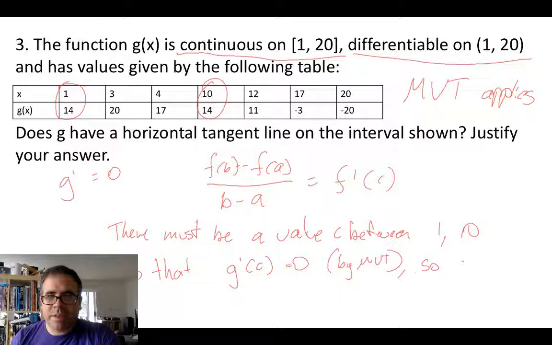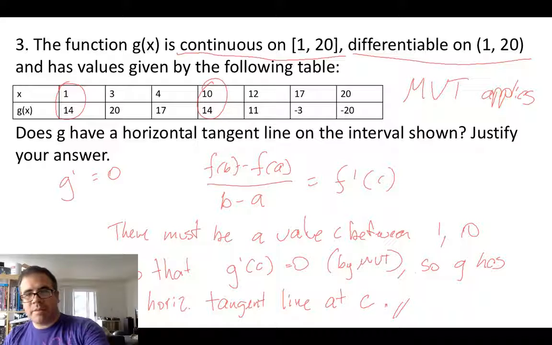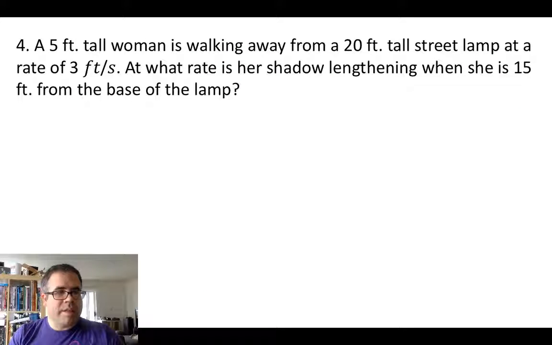So g has a horizontal tangent line at c. Done. That's all you really have to say. Invoke that the mean value theorem applies and find a spot where there's guaranteed to be the average rate of change is 0. All right, now this is our related rates problem, our second related rates problem.